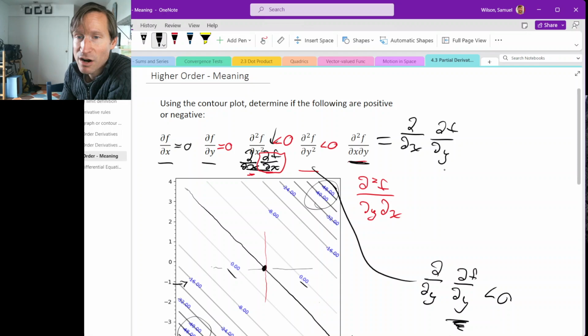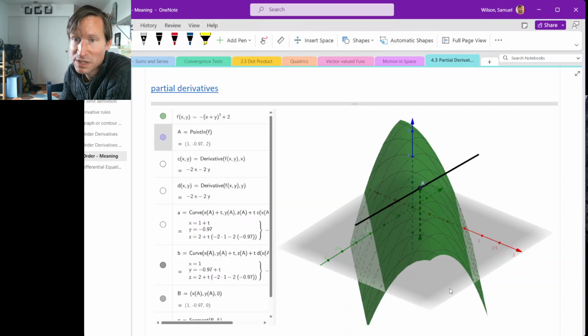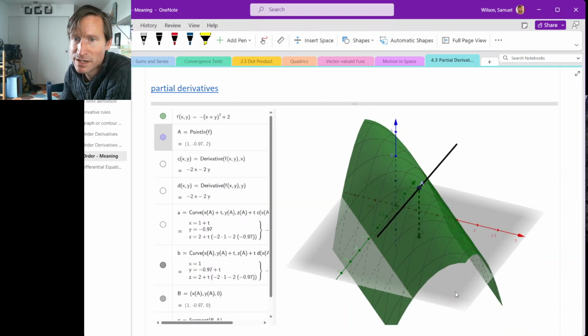Okay, so starting at our target point, this slope is 0, right? Because it's horizontal. If we start to the negative x side of our target point, the slope of this line is positive. If we slide over to the positive x side of our target point, this tangent line has negative slope.